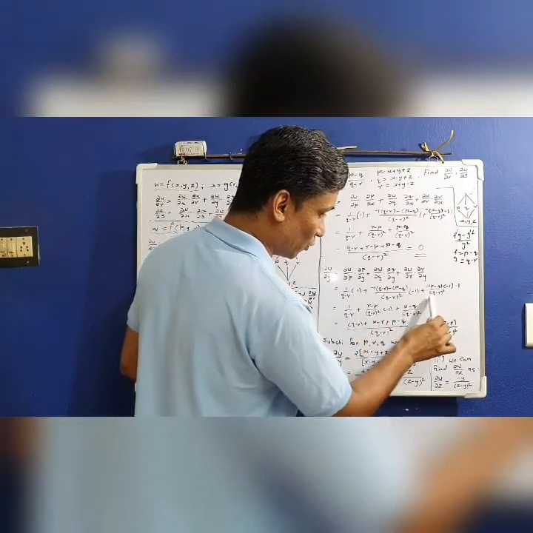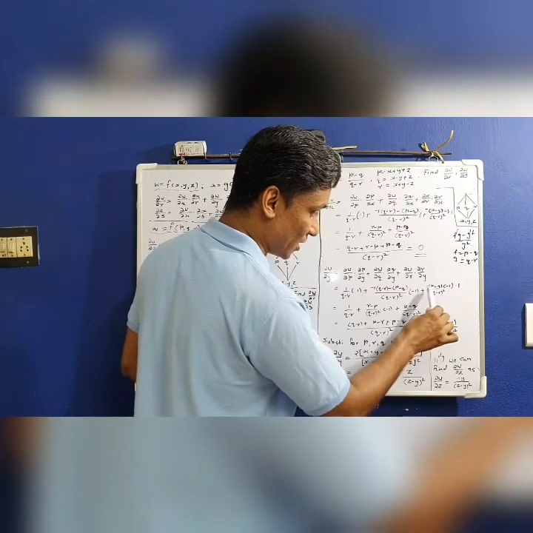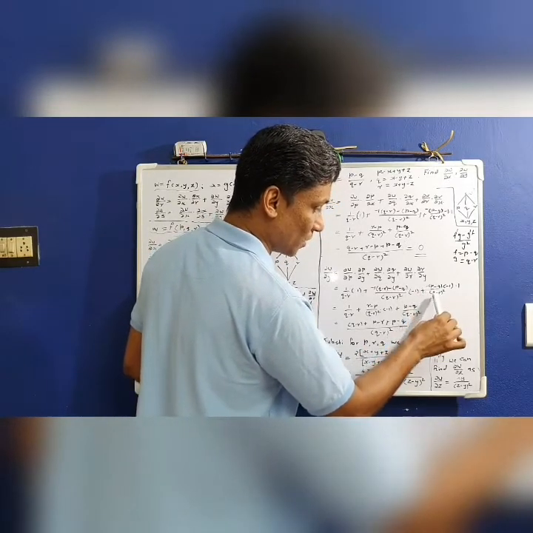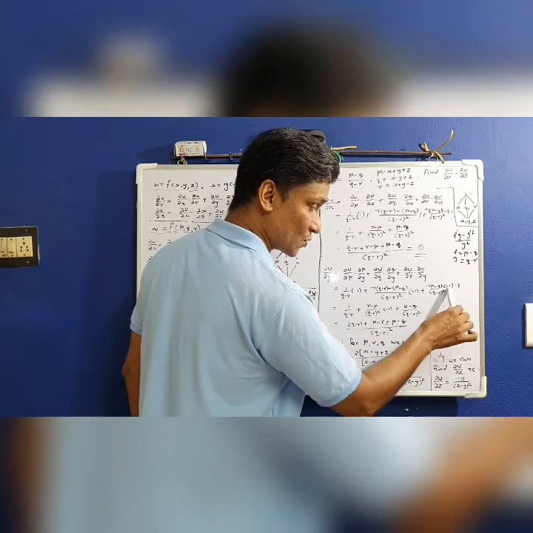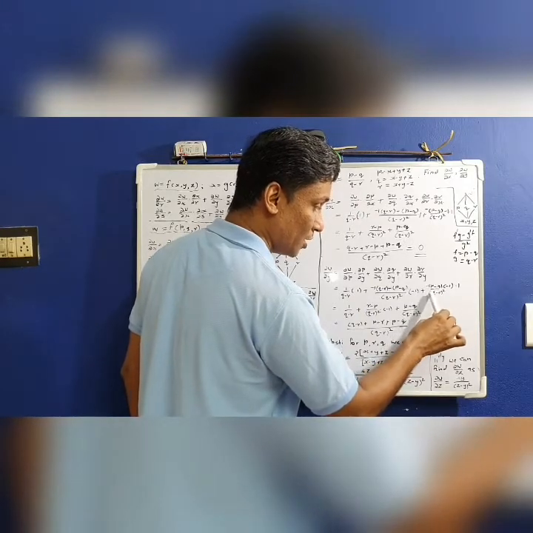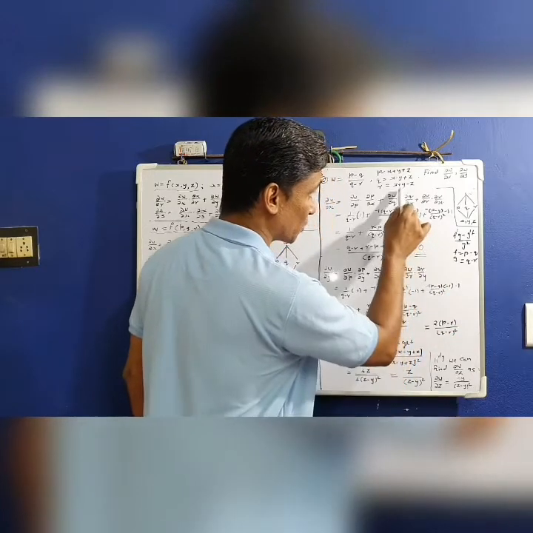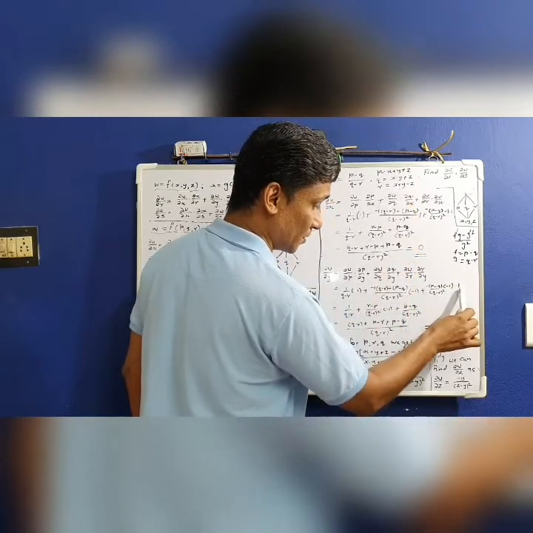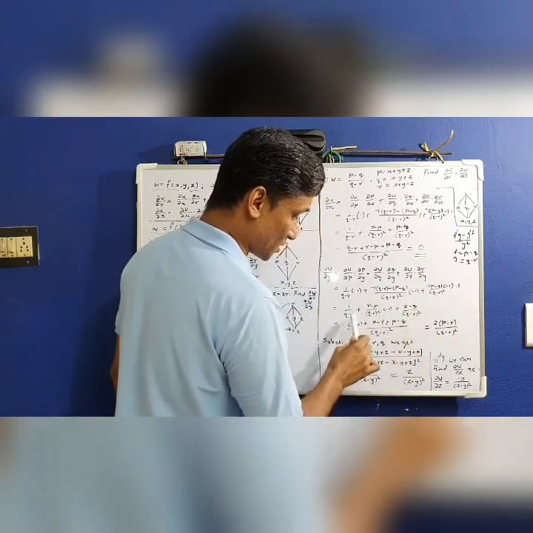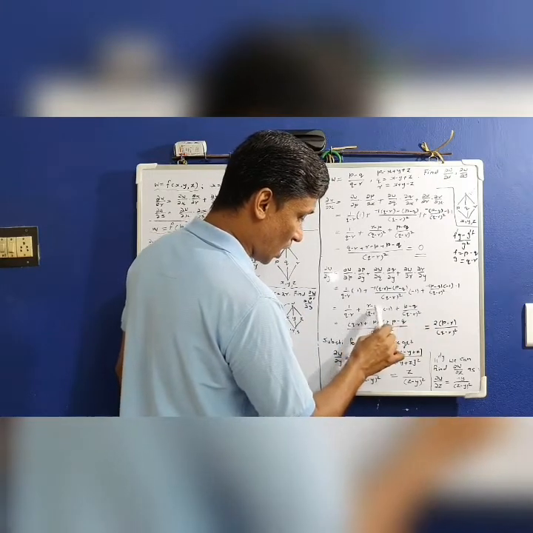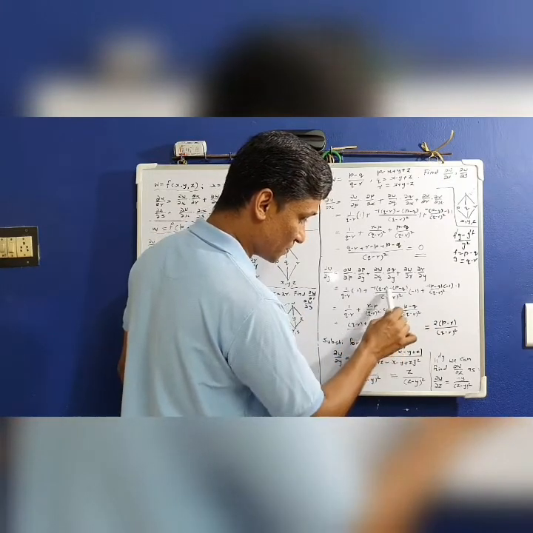Now ∂w/∂r is again here minus (p minus q) by (q minus r) whole square into minus 1, into ∂r/∂y. ∂r/∂y is 1. So 1 by (q minus r) plus (r minus p) by simplifying this.